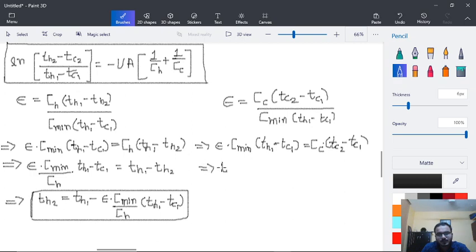So finally we are getting TC2 is equal to TC1 plus epsilon into C minimum divided by CC into (TH1 minus TC1).